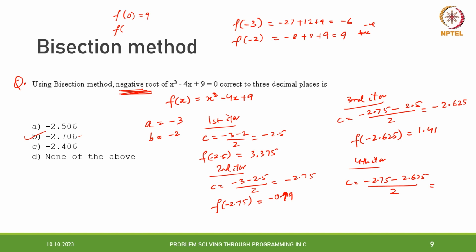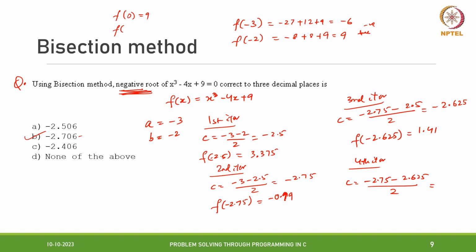Because none of the above is an option here, I would still say that you have to do a few more iterations and actually calculate the answer instead of just putting the value there and checking, because it will never be exactly zero. That's the problem with this.